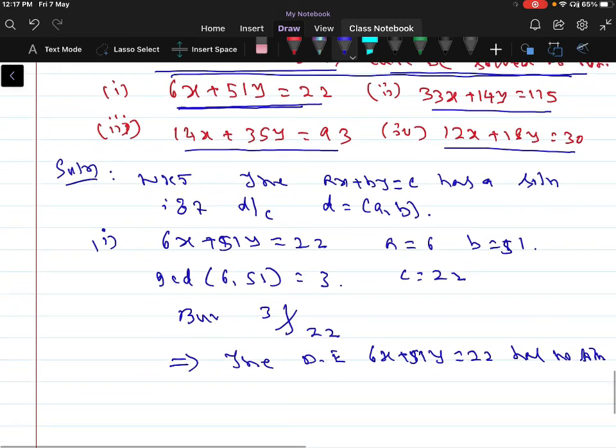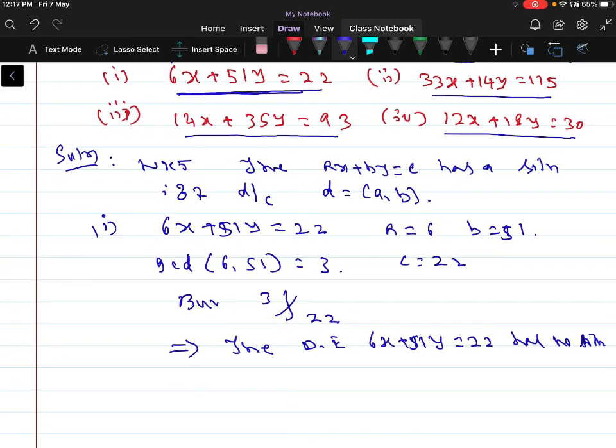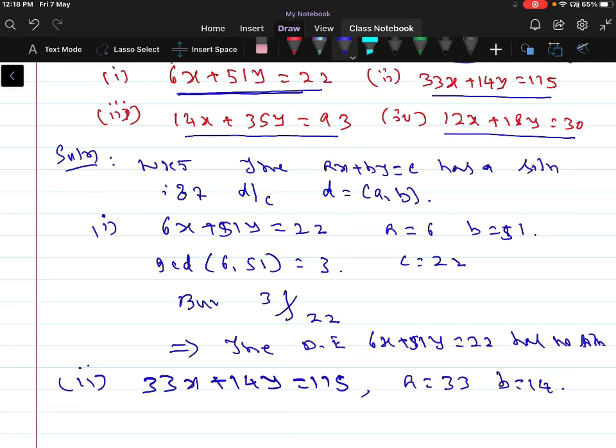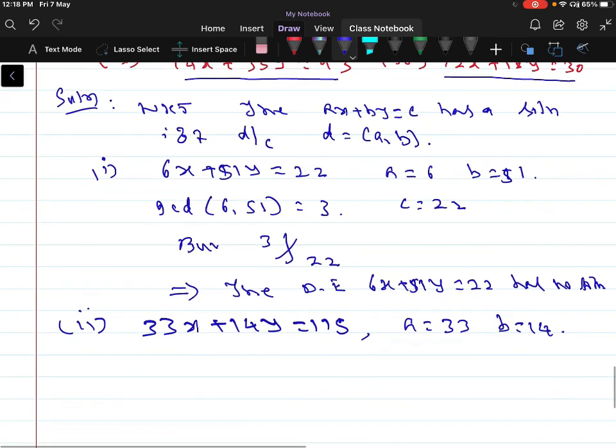So let us consider the second problem. Second one is 33x plus 14y is equal to 115. Here a is equal to, let us take 33 and b is equal to 14. So let us find out the GCD of 33 comma 14.